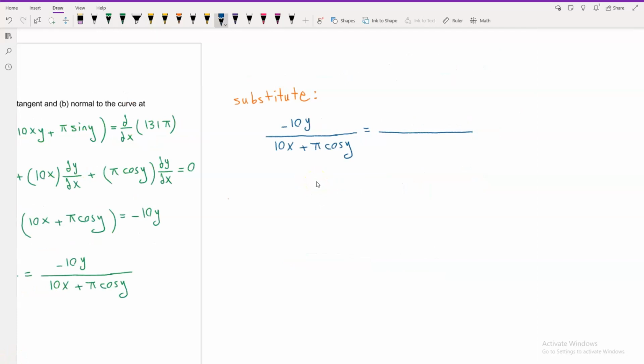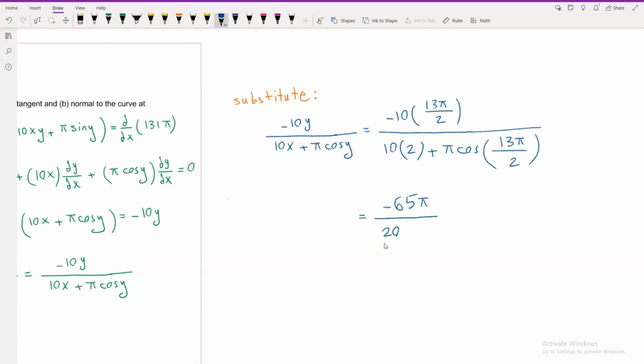Now substitute the point. So it's negative 10 times 13 pi over 2. In the denominator we have 10 times x, which is 2, plus pi cosine y, where y is 13 pi over 2. On top, negative 10 divided by 2 is negative 5. Negative 5 times 13 pi is negative 65 pi.